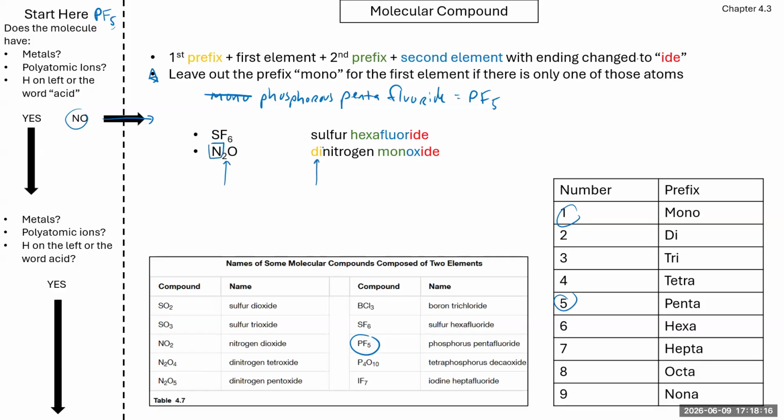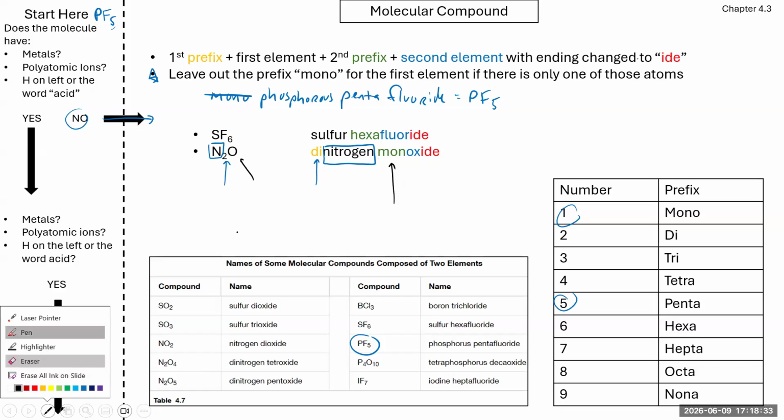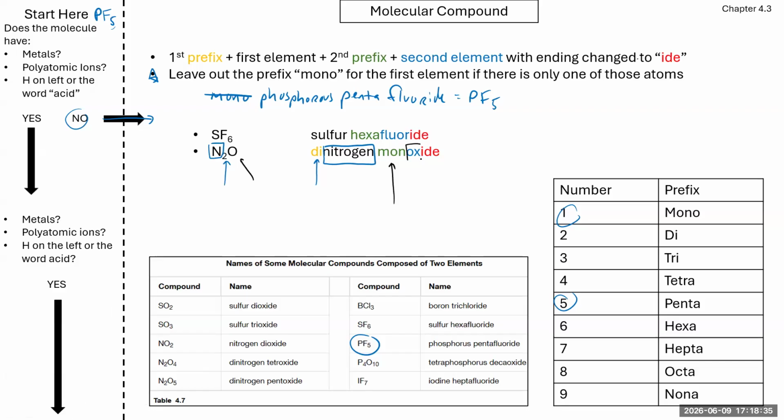Nitrogen, dinitrogen, right? We'll change the prefix a little bit because there's a 1, so that's going to be mono. Oops, let's do that. Keep it consistent with the labeling. And then we have ox for oxygen, and then ide: dinitrogen monoxide.